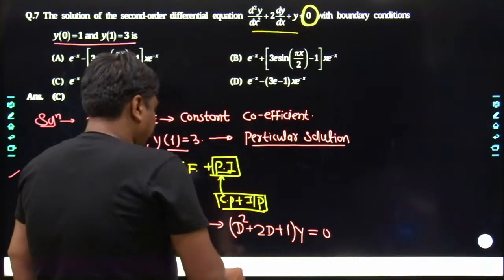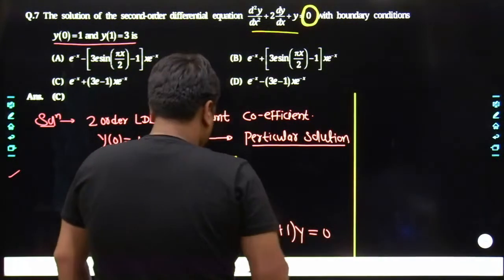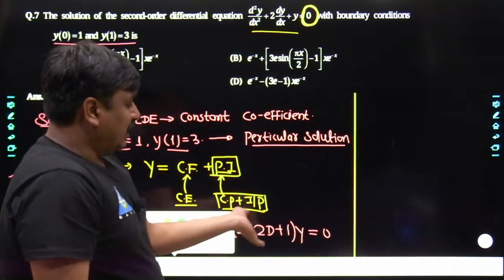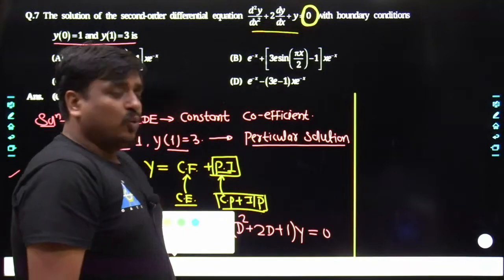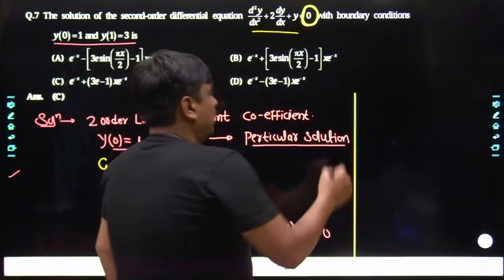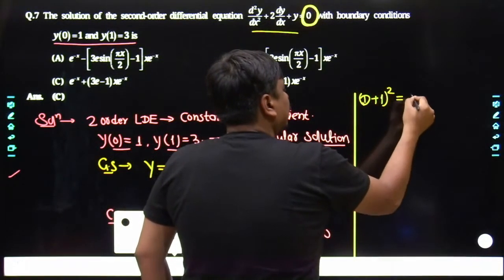Now I would be focusing on its roots. The roots of this characteristic equation: (D plus 1) to the power of 2 is equal to 0.